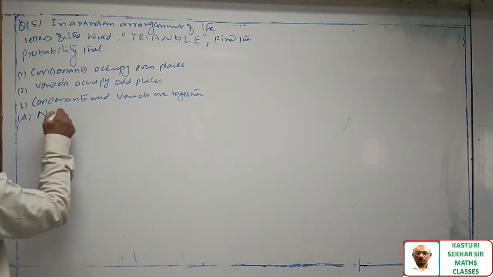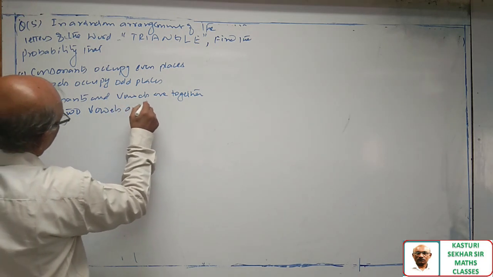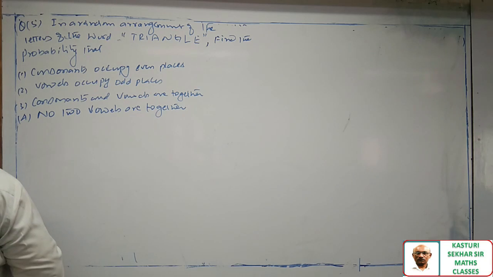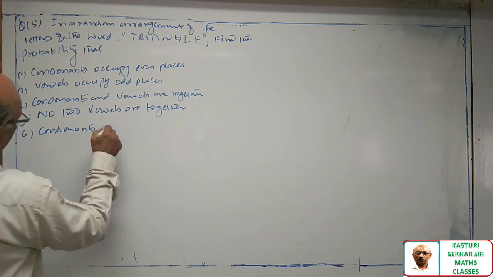Question number 4. No two vowels are together. Consonants are always together.